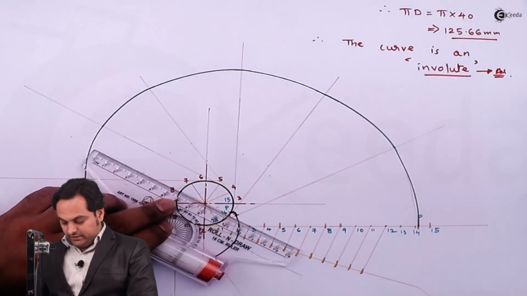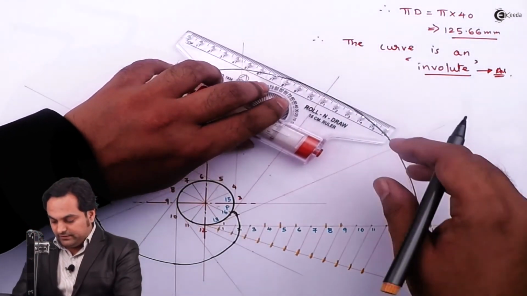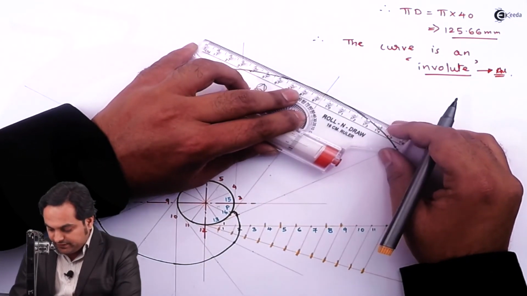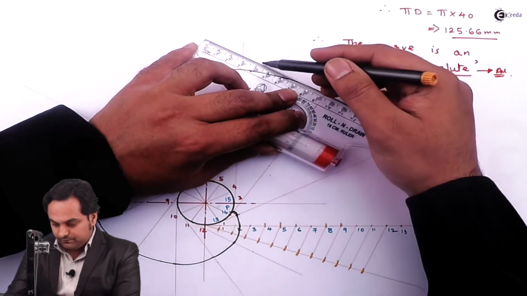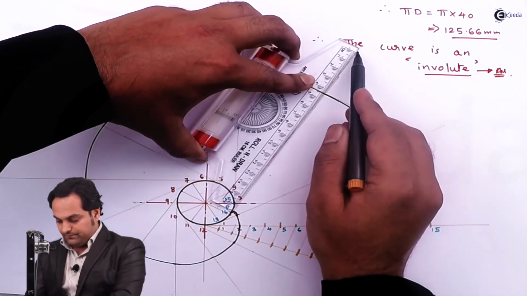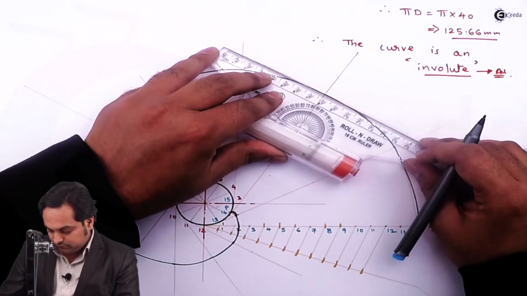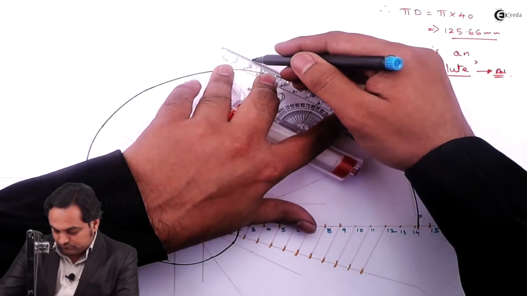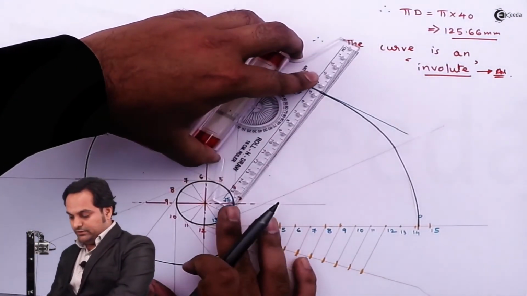You can take any of the points here on the curve. So plotting a parallel line so that I get a tangent here. And this will be the normal. So this is the tangent to the curve, and here is the normal.